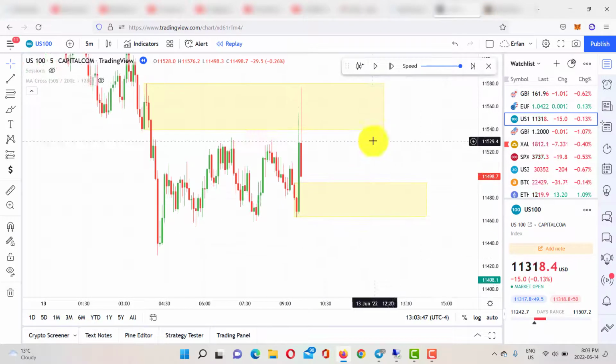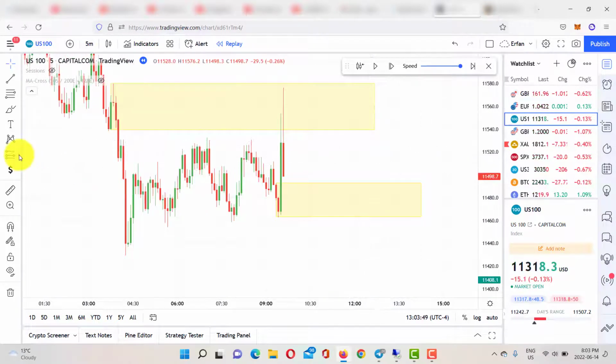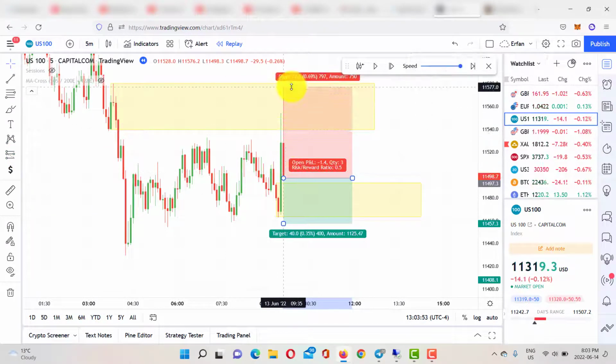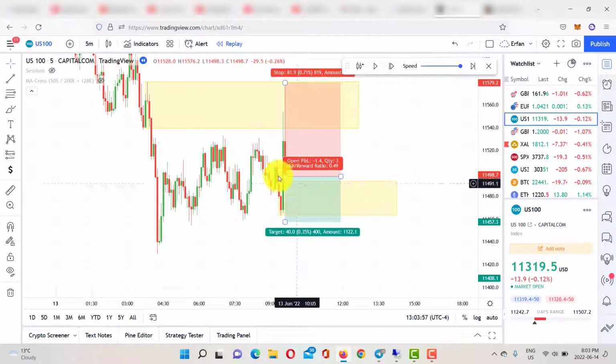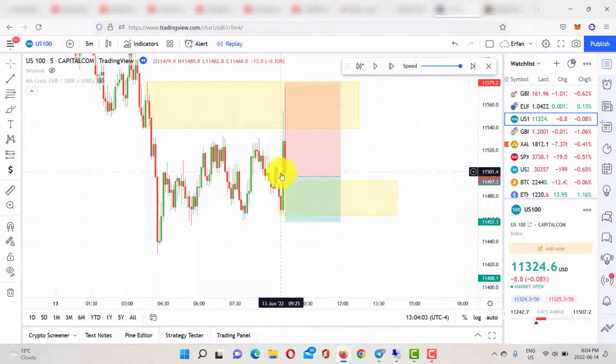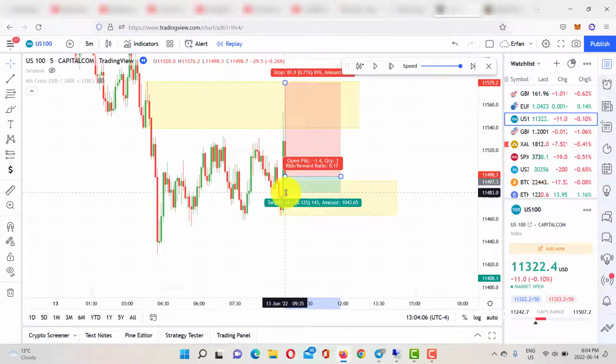But there's a contradiction here. If you want to put your sell stop below the previous candle and then your stop loss here, where do you want to put your TP? Because this is the closest high probability demand zone that we have, and if I want to put it here, it doesn't even make sense.